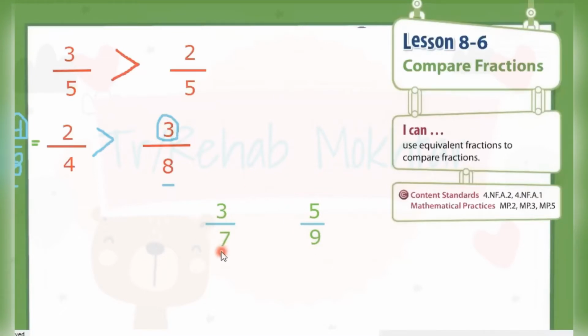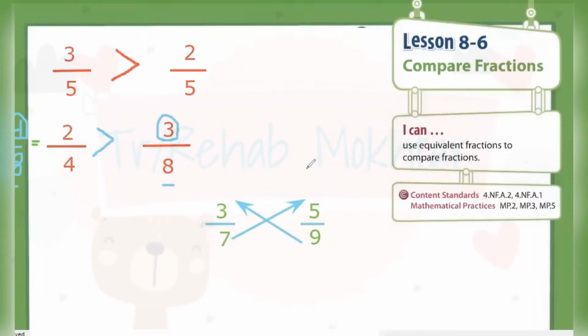Do I have to use equivalent fractions? Do I have to find a common denominator? No, just follow my steps and you can solve it without all these steps. Make a ray like this, and here make a ray like this, and multiply.